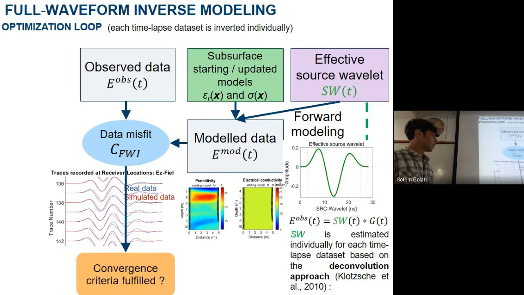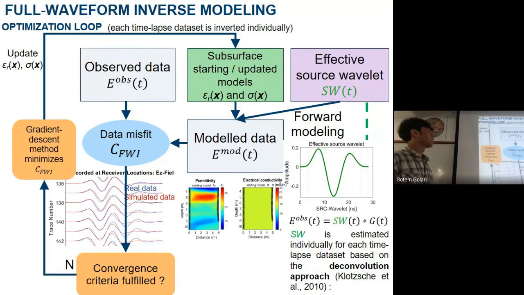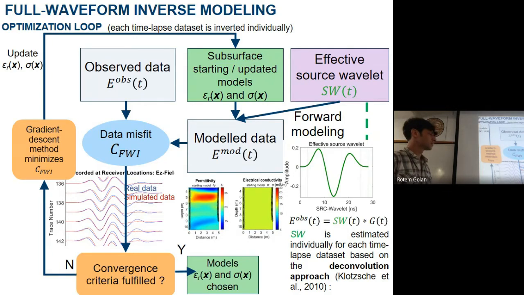Iteratively, if the convergence of the inversion has not yet been fulfilled, the models are being updated. Forward modeling is reproducing simulated data until the data misfit and other criteria are fulfilled, and we get the final models, both of permittivity and the conductivity.